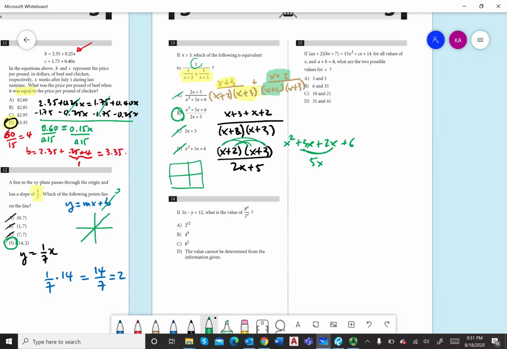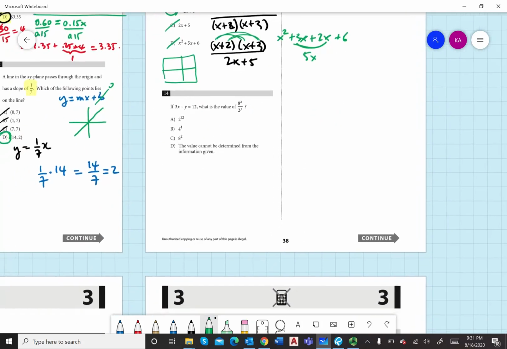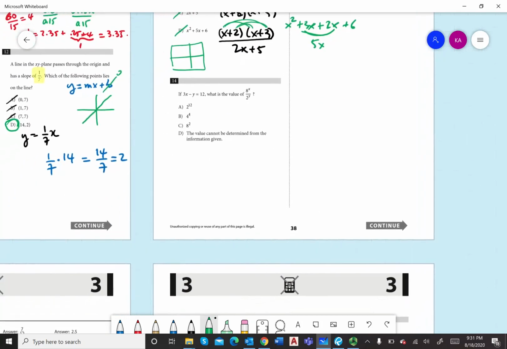All right, now let's do 14. Question number 14 says, if 3x minus y is equal to 12, okay, so that means at one point we have to use that, or we may use that, I should say. So what is the value of 8 to the x power over 2 to the y power?